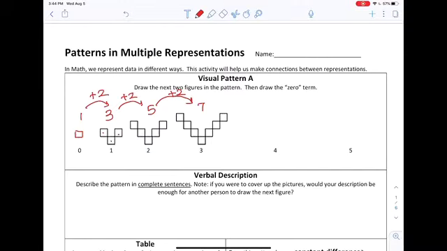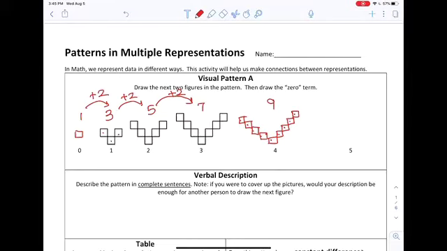If we continue the pattern after figure number 3, then we should expect that figure number 4 should have 9 squares. Let's draw. 1, 2, 3, 4. 1, 2, 3, 4. Let's count. 1, 2, 3, 4, 5, 6, 7, 8, 9.